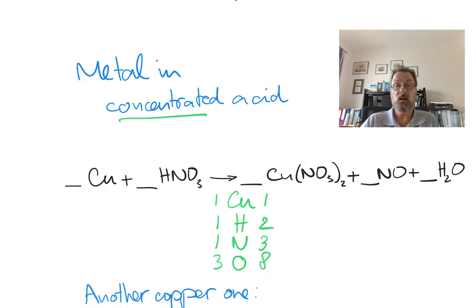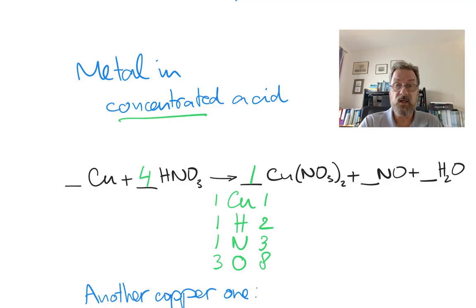Now, if I only take two HNO3 to form my copper nitrate, I'm not going to have enough to make everything else. So I'm going to need at least probably 4. And we can see how we end up with that. This should be a 2, right? No, because then you still end up in trouble. So we start with a 1 here.